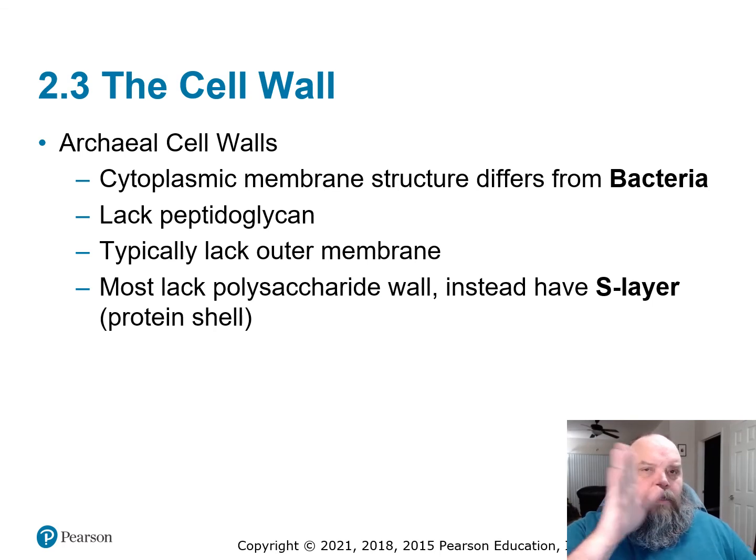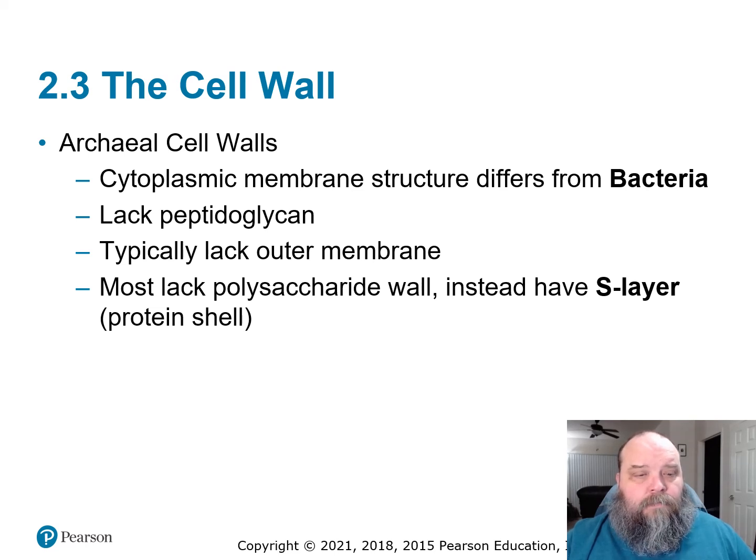We're going to take a side jaunt here, and we're going to talk about some pseudo gram-positives, in the sense of the thick cell wall thing. So the peptidoglycan of bacteria is not going to be found in our friends archaea.